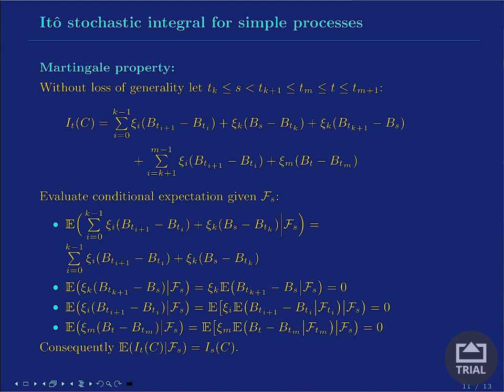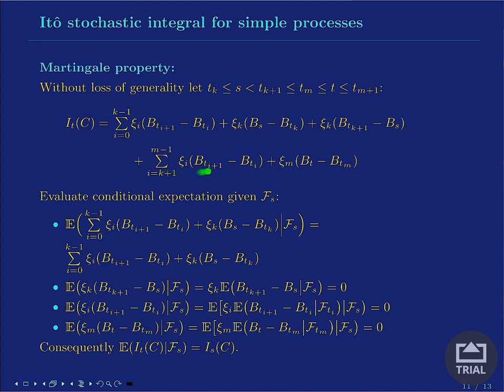In contrast, here we have a random variable being known at time s, while the remaining increment here is not known and is independent from all that information earlier. So the mean of these two parts becomes the mean of xk times the mean of the increment, where the latter is actually 0, so this term vanishes.